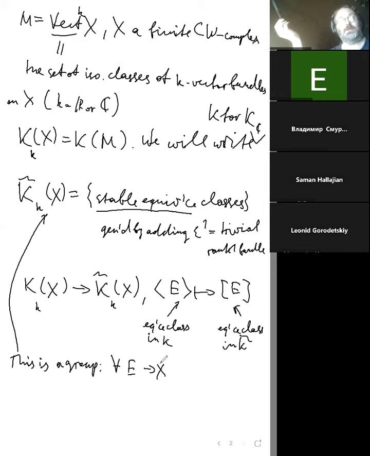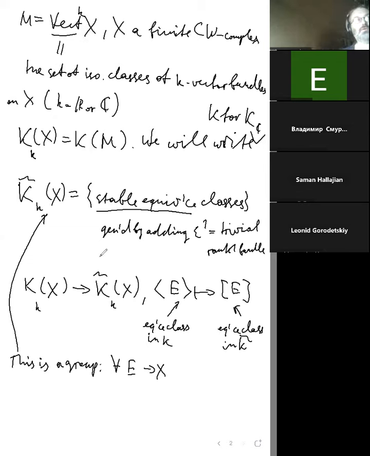So the tangent bundle of the n sphere is stably trivial, which means if we add one copy of the trivial bundle to the tangent bundle, we get the trivial bundle. And for the zero bundle, we have to take n plus one copies of the trivial bundle to get an isomorphic bundle. Okay, now it is clear.